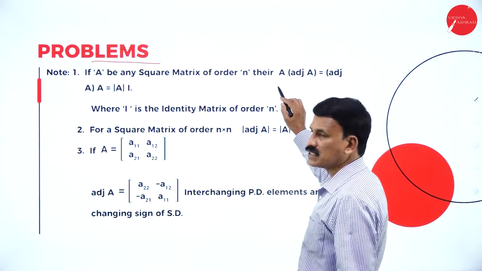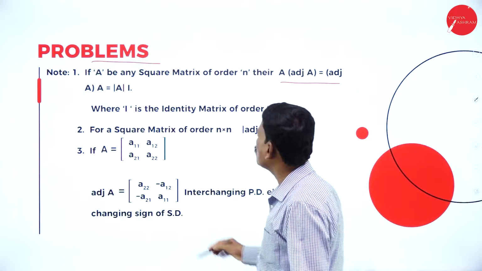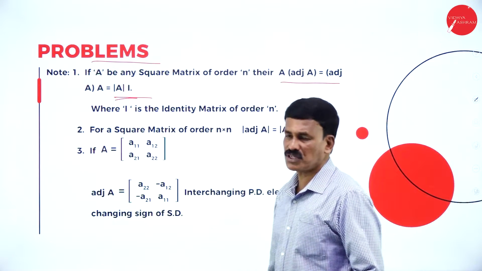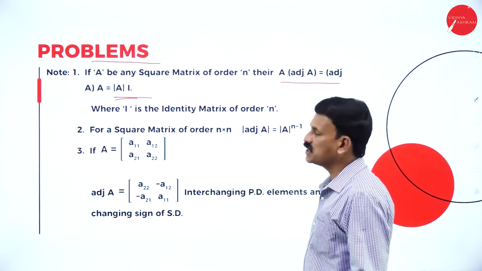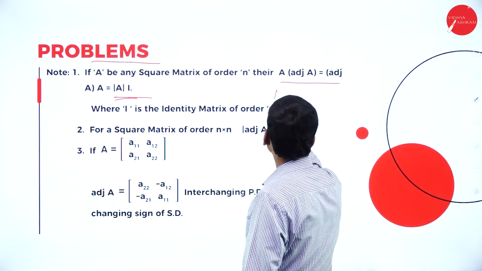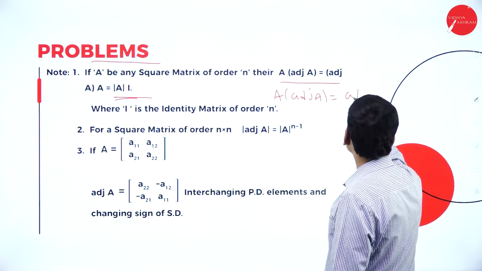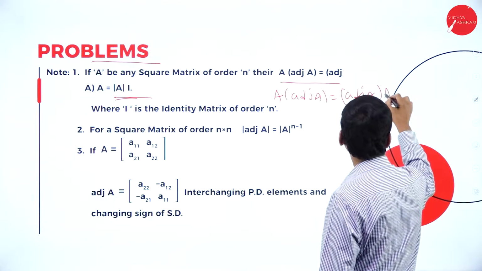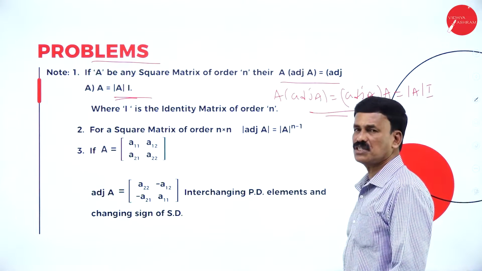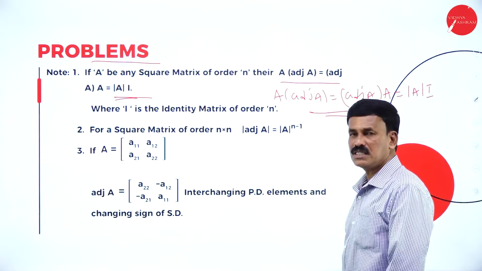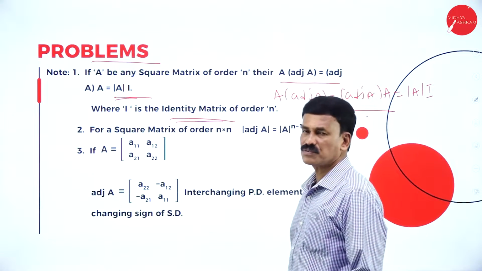Then A into adjoint of A is equal to determinant of A into I. So if A is any square matrix, then A into adjoint of A is equal to adjoint of A into A, which is equal to determinant of A into I, where I is an identity matrix of the same order. This is the property.